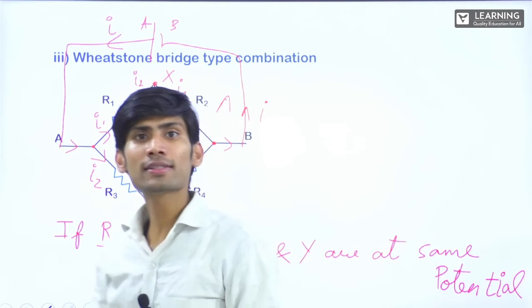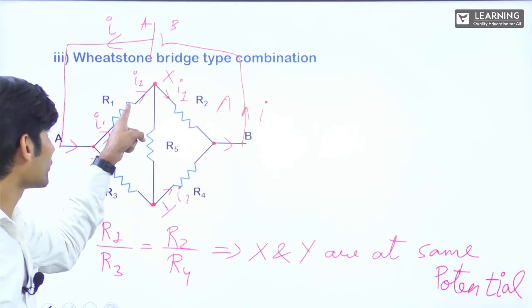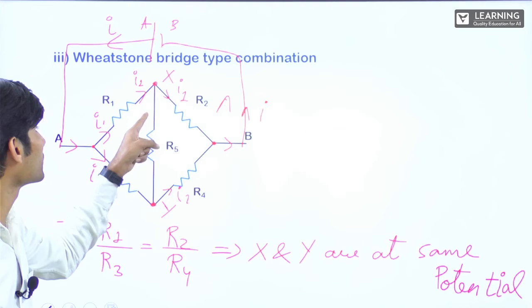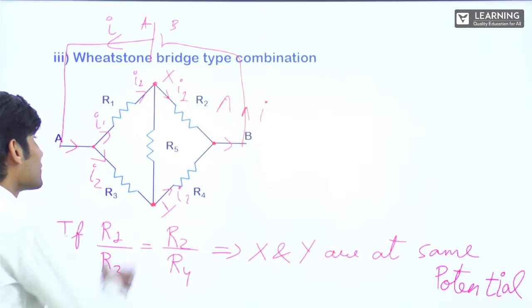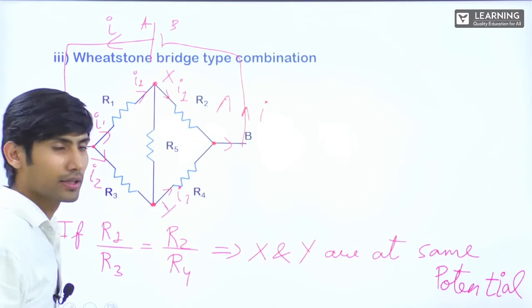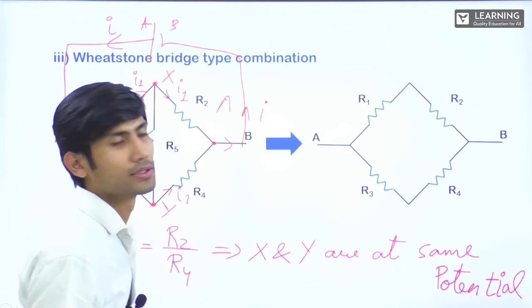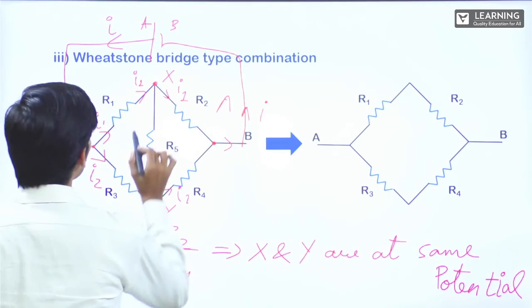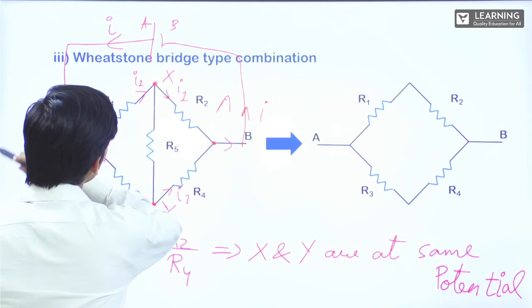And when can two resistances be in series? When the tail of this is directly connected to the head of this, that means there is no other wire in the middle. I can actually remove this wire. Finally, our combination will look like this. Clear?